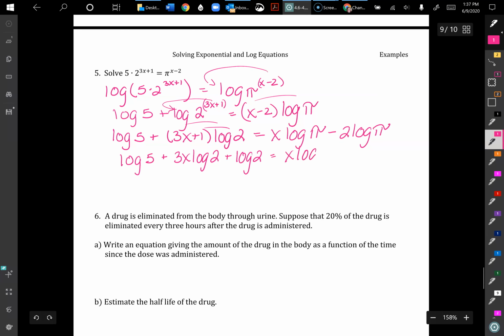So I have negative 2 log pi minus log 5 minus log 2, all divided by 3 log 2 minus log pi. Now what I want to do is factor out a negative here. So I'm going to factor out a negative.